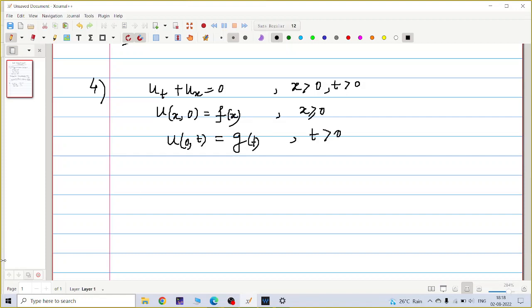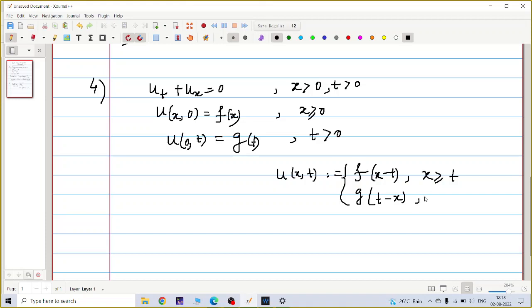Okay. So first of all, it is already given that the solution is of the form u(x,t) equal to f of x minus t whenever x is greater than or equal to t, and g of t minus x whenever x is less than t.